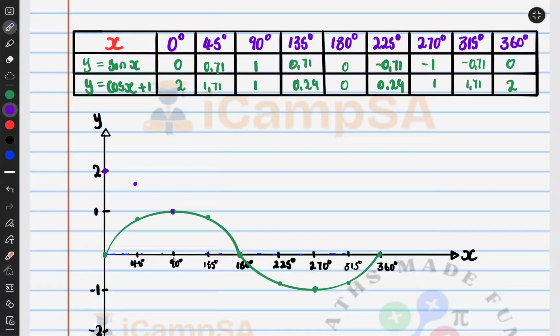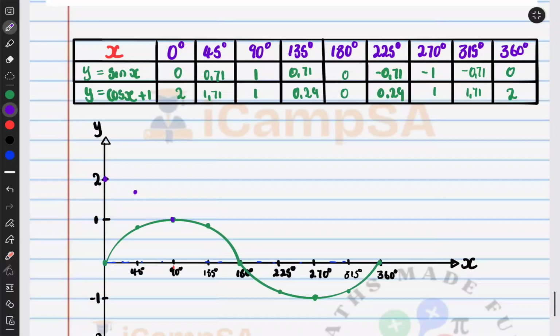At 135, it's 0.29, somewhere here. Almost made a mistake. And then at 180, 0.